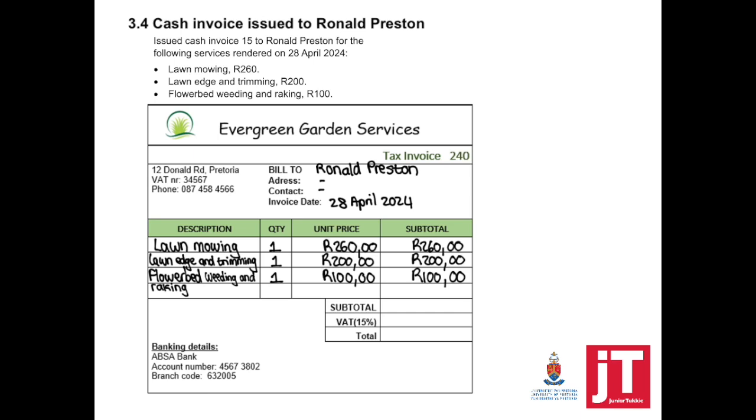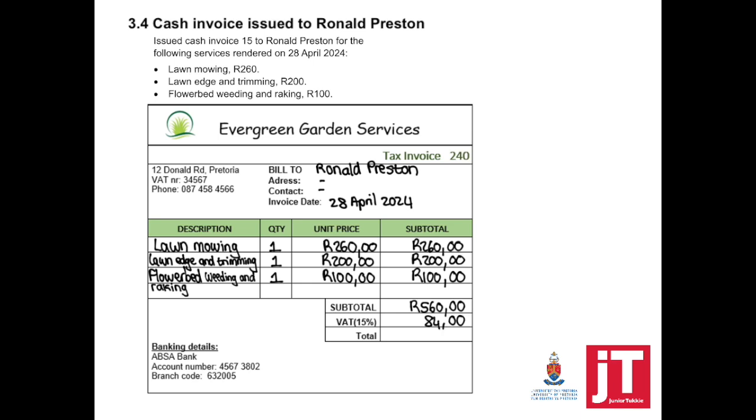So next step, add 260 plus 200 plus 100. This is 560 Rand excluding VAT. Remember, we've integrated VAT into these activities. To calculate the VAT amount, we're going to say 560 times 15%.